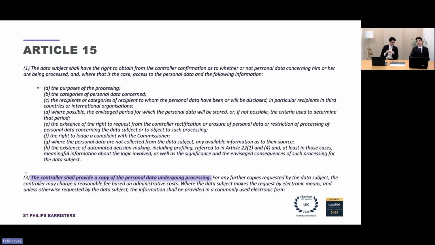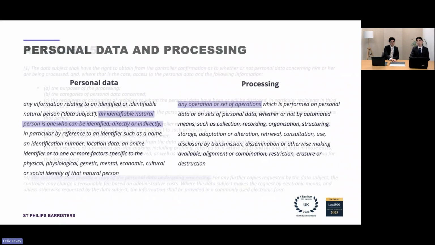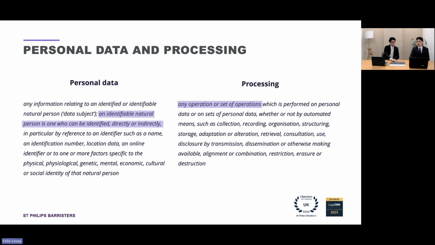The right of access essentially gives the data subject, the individual, likely the claimant in this case, the right to obtain from their employer as controller, first, confirmation of whether or not their personal data is being processed. The answer to that is almost certainly that it is. Second, the right of access to their personal data, which is certainly the receiving a copy, which is certainly the bulk of the burden for respondent employers, and indeed the right to receive certain supplementary information, how and why data is being processed in relation to that individual. The data subject access request is the form, if it can so be called, of the request for receiving those things.